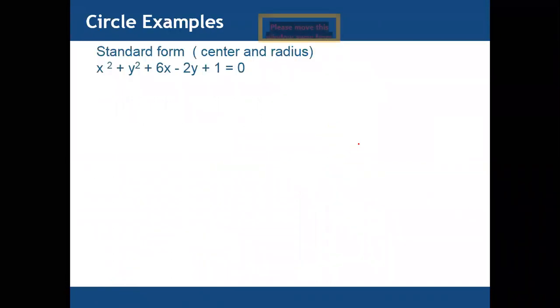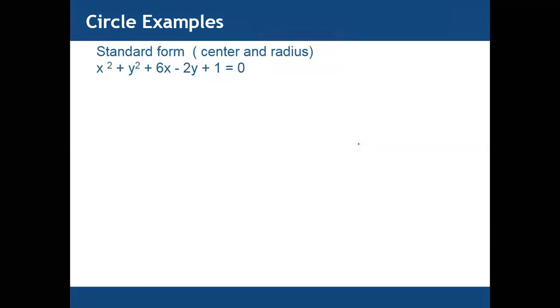Now the question is that if we are given the equation x square plus y square plus 6x minus 2y plus 1 equal to 0, how can we write it in the form of the standard equation of circle, finding center and radius?